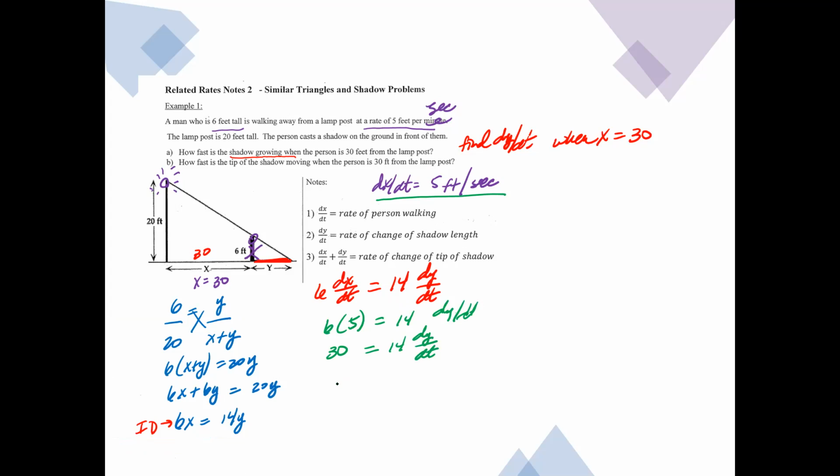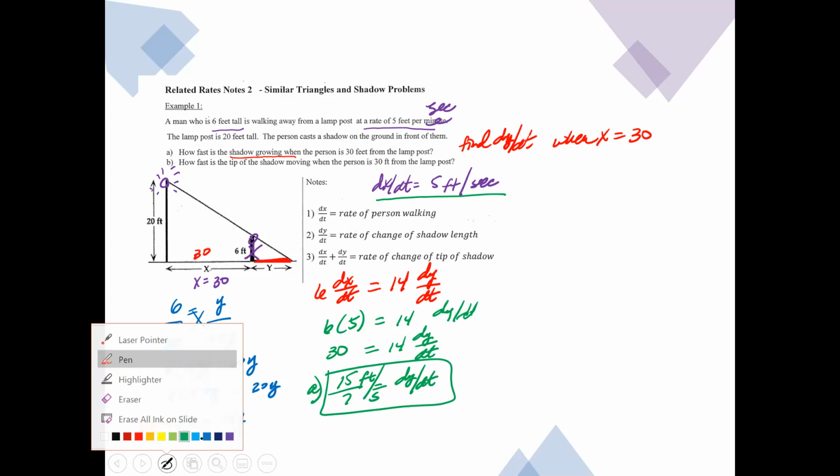Divided by the 14, I have 30 divided by 14. If I reduce it by 2, it's 15 over 7 equals dy over dt. So what does that mean? For A, the shadow is growing at a rate of 15 over 7 feet per second. And that is A.